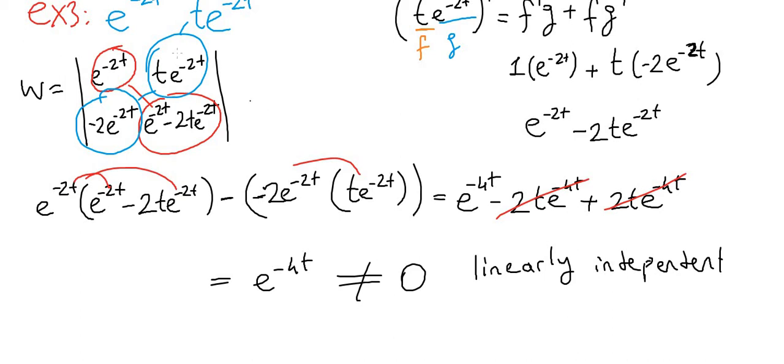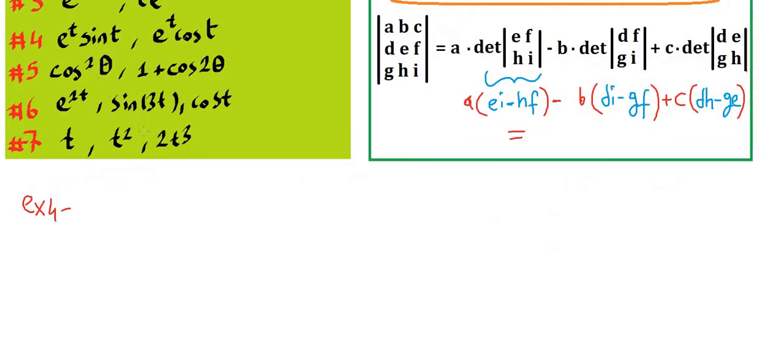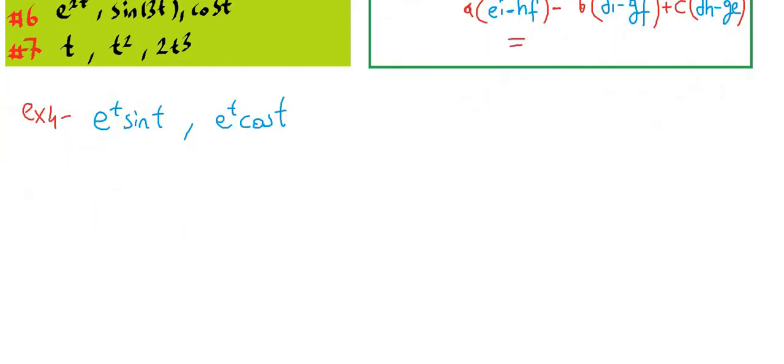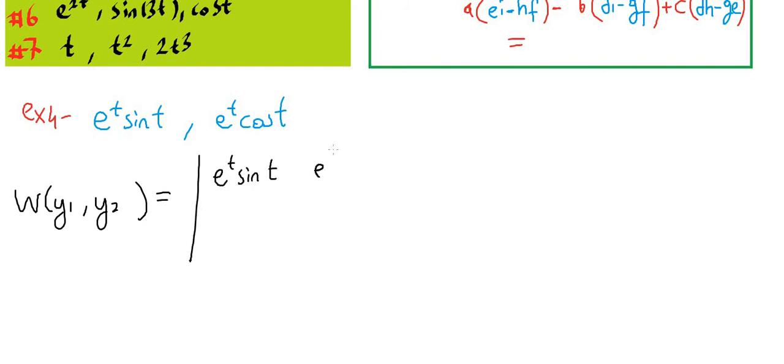Let's go to example 4. In example 4, we have e to the t sine t and e to the t cosine t. Now our matrix will be this: e to the t sine t, e to the t cosine t, and their derivatives.